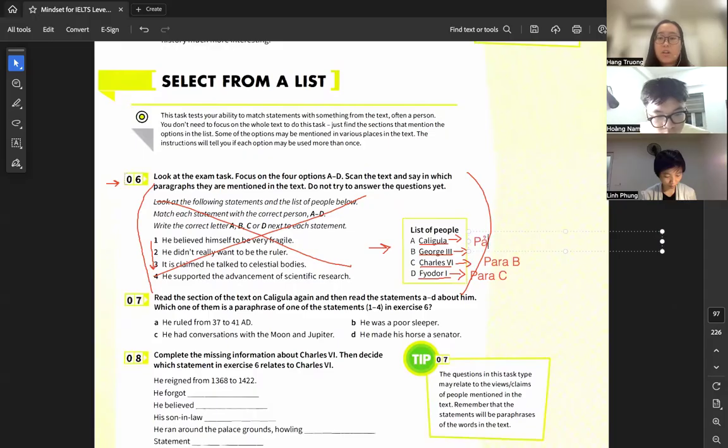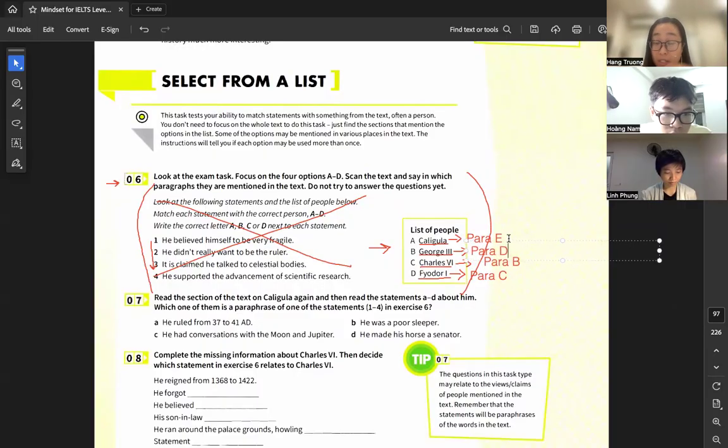Which paragraph here? Nào Khoa, Caligula là ở đoạn nào đấy? Paragraph E. Very good. It's paragraph E. And next one, George the third. Paragraph D. D, đúng rồi.